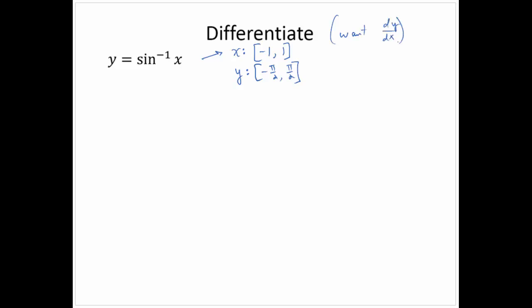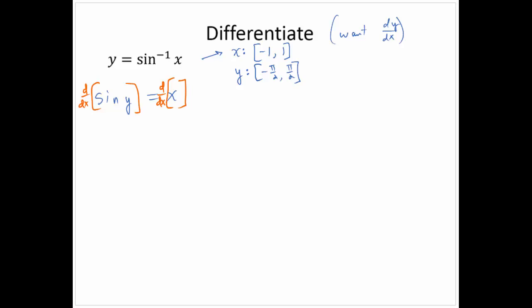Now, we don't have a formula for this yet. So we're going to develop the formula by using the fact that sine inverse is an inverse. If y equals sine inverse x, then I can write that the sine of y is x. And I'm going to apply d by dx to both sides of this equation.